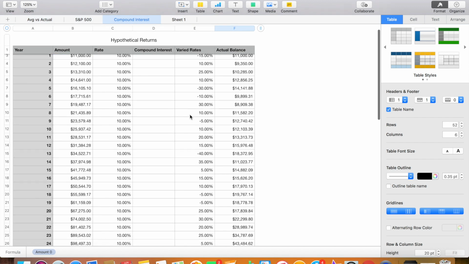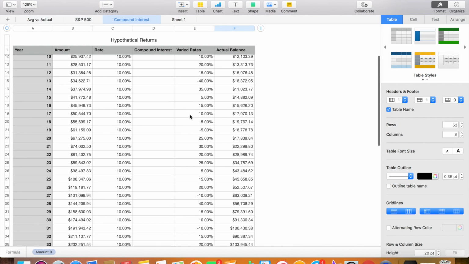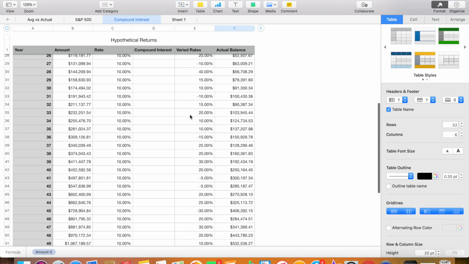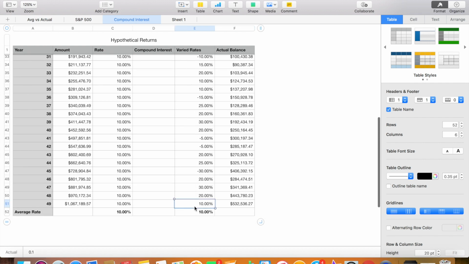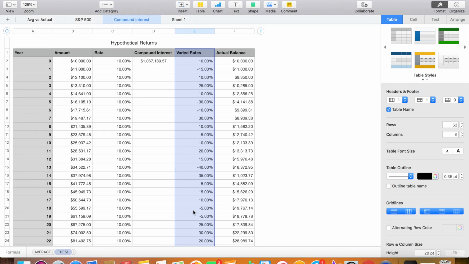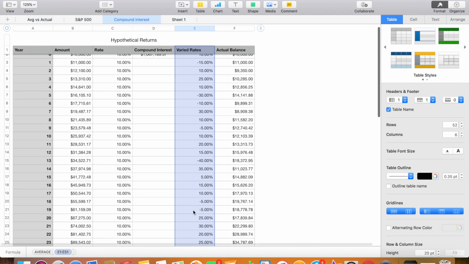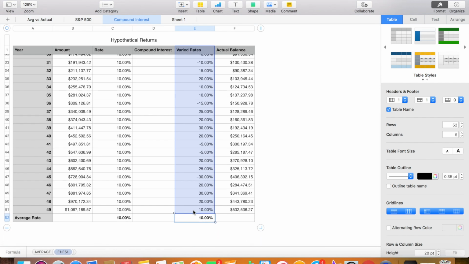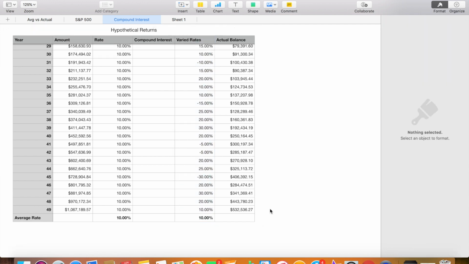So if we do this calculation, it's very interesting and kind of messed up at the same time. So after the same 49-year period, the average is still 10%. You could add all these numbers up and divide the amount of years, and it still gives you a 10% return. But you actually end up not with $1 million. You end up with $500,000, almost half. If this doesn't make your jaw drop, I'm not sure what will.